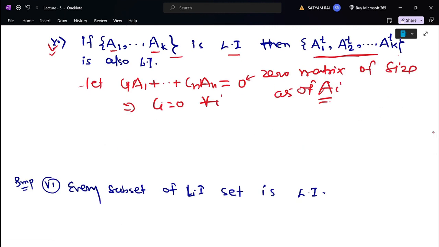Okay, now taking the transpose. If we take the transpose of both sides, what will we get?